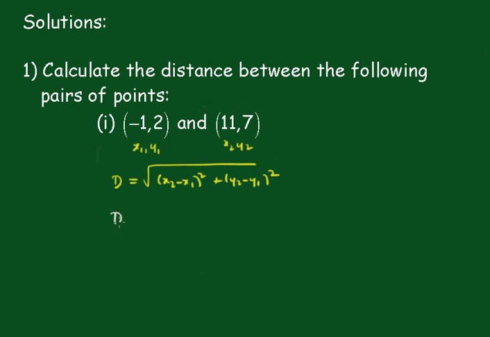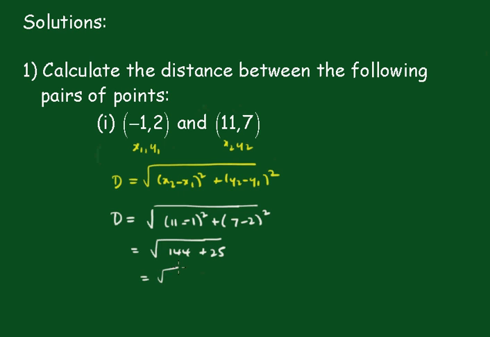So the distance is equal to the square root of 11 minus -1 squared plus 7 take away 2 squared, which gives 144 plus 25, which is the square root of 169, which is 13 units exactly.